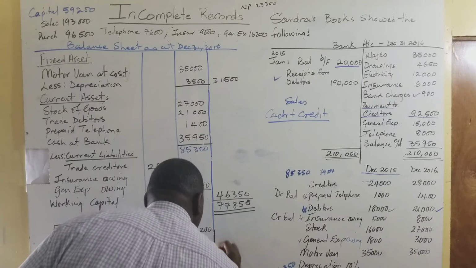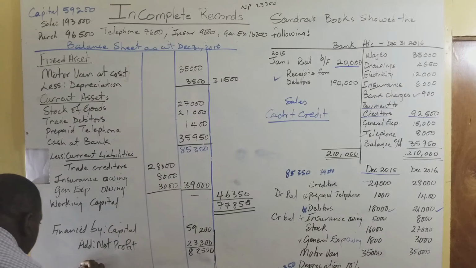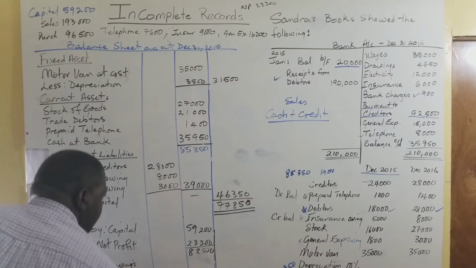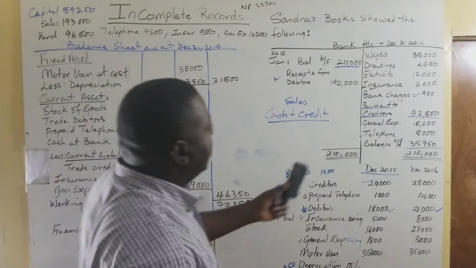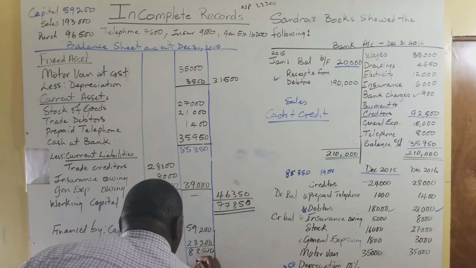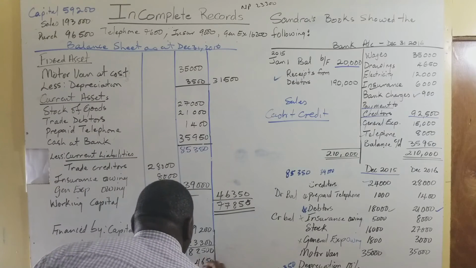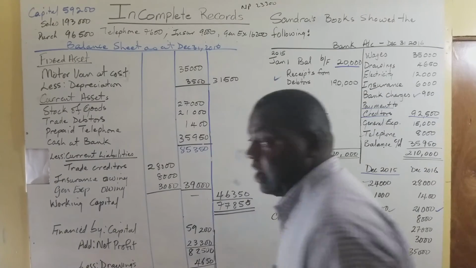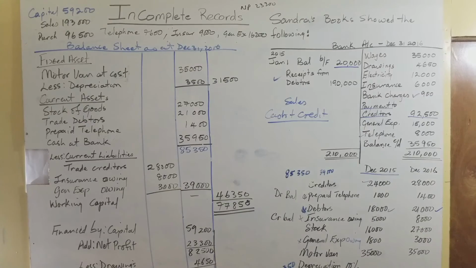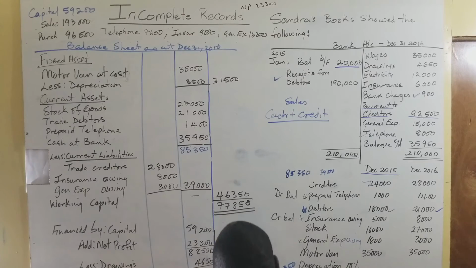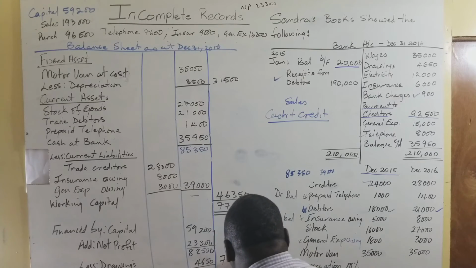And of course, we're going to subtract our drawings. Our drawings figure in the question is 4,650. All right, let's do the subtraction. So when we subtract that, we're going to be getting the 77,850.